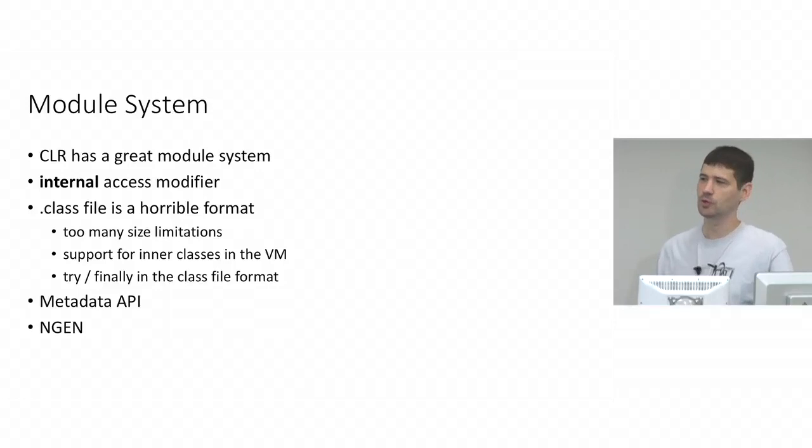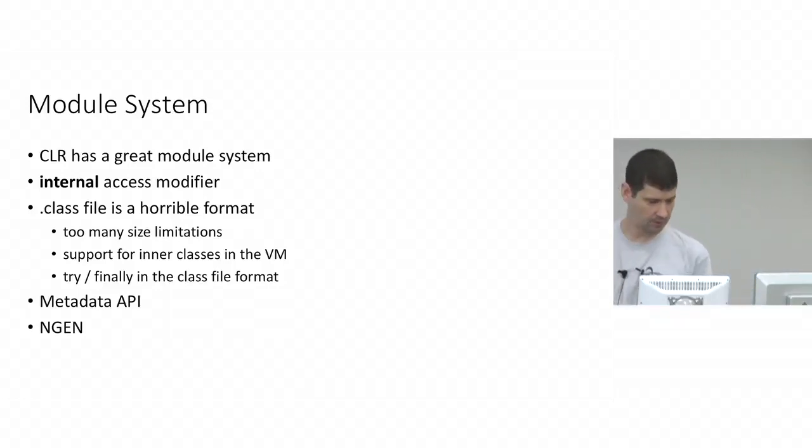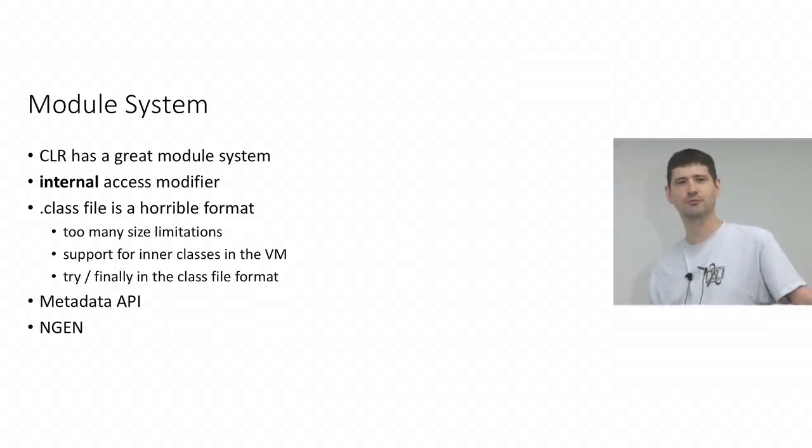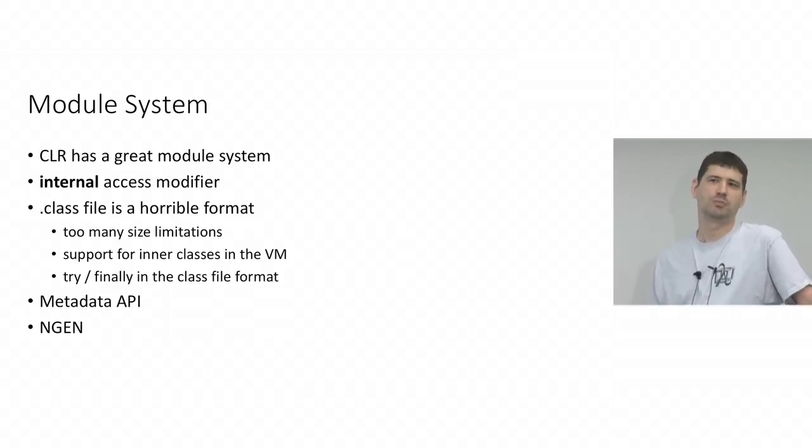Another thing they have, and I would like to argue for, is a metadata API. As I've been saying, I don't really like the class file format, so I would like to see the option of moving away from the class file format at some point. Currently, that seems almost impossible because there is so much code out there that depends on the class file format, that parses class files and does stuff with it.